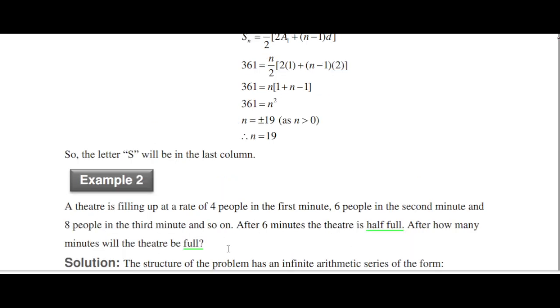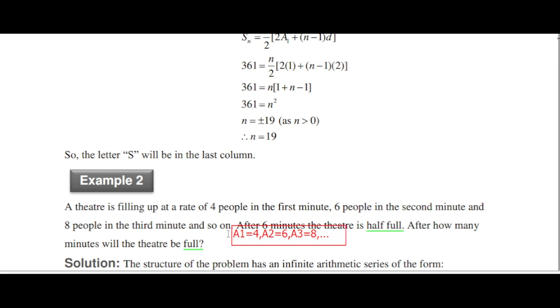So we have given here a theater is filling up at a rate of 4 people in the first minute. a1 is equal to 4, a2 is equal to 6. Okay, let's list out the given terms. a1 is equal to 4, a2 is equal to 6, a3 is equal to 8, and so on.